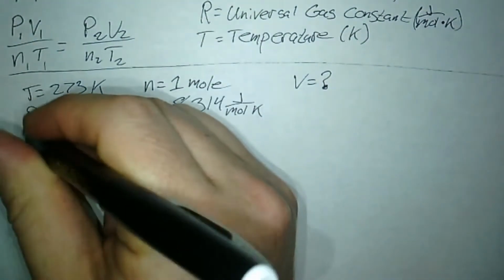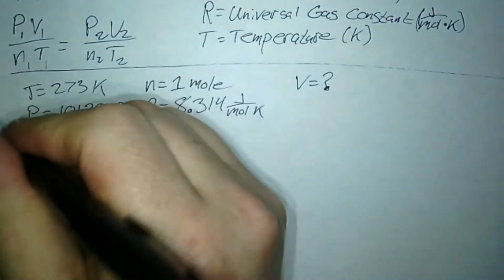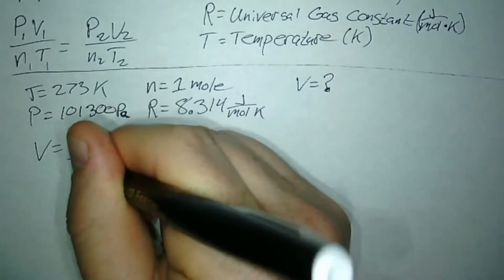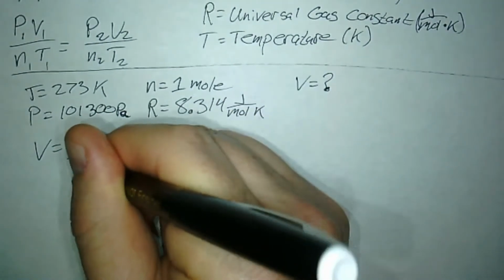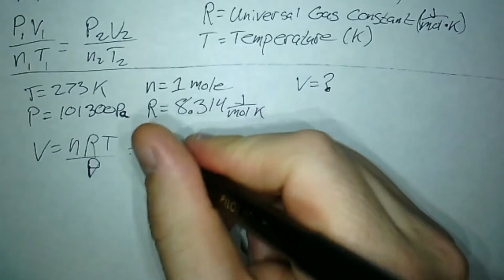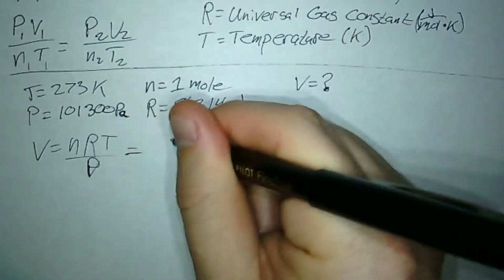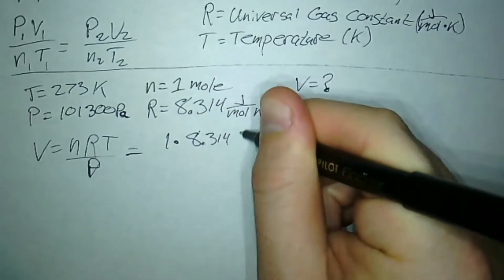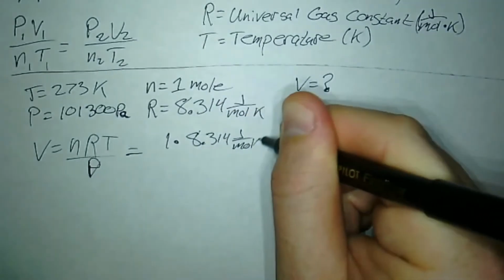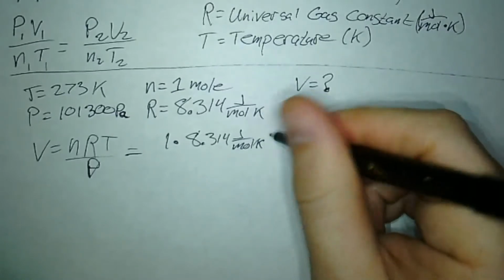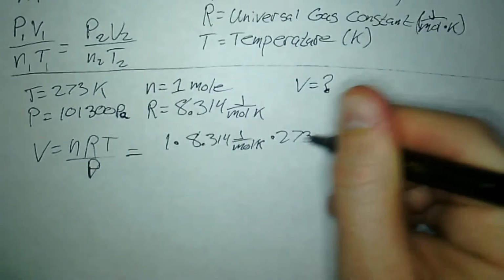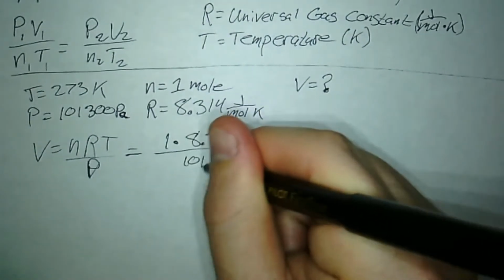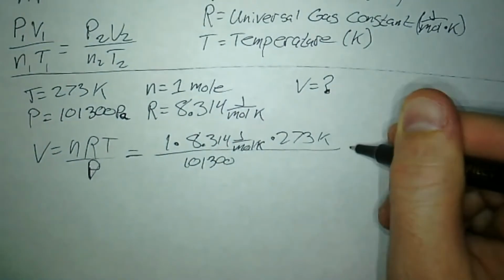So I say, starting with PV equals nRT, V equals nRT over P, my mistake. So then it's going to be 1 times 8.314 joules per mole Kelvin times 273 Kelvin over your pressure, which is 101,300.